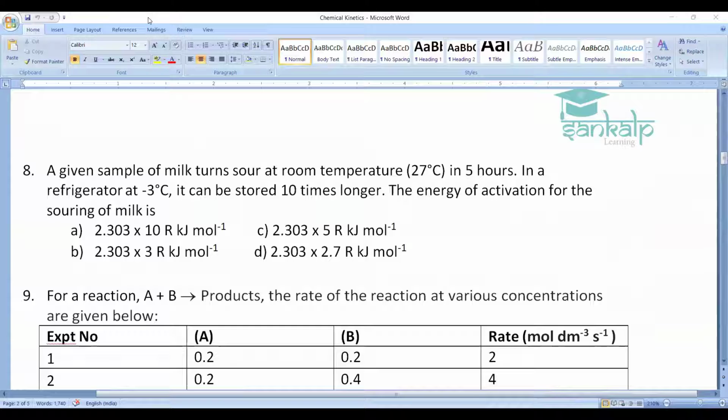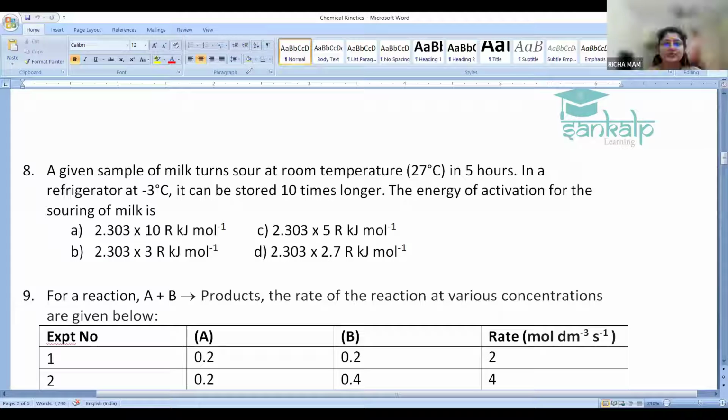These are the four options given. So the given milk gets sour at room temperature in 5 hours, and in a refrigerator at minus 3 degrees Celsius it can be stored 10 times longer. What will be the energy of activation for the souring of milk? How are we going to find it?